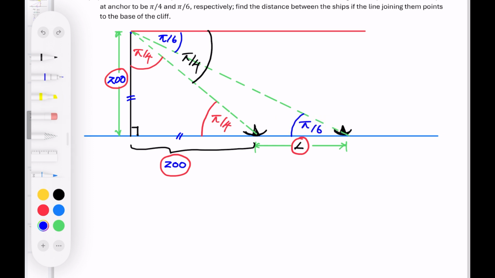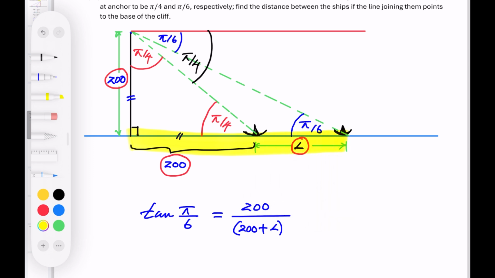When I do that, I have tangent pi over 6 is equal to opposite, which is 200, divided by adjacent, which is 200 plus L. Please note that the adjacent is all of this length, which is equal to 200 plus L.